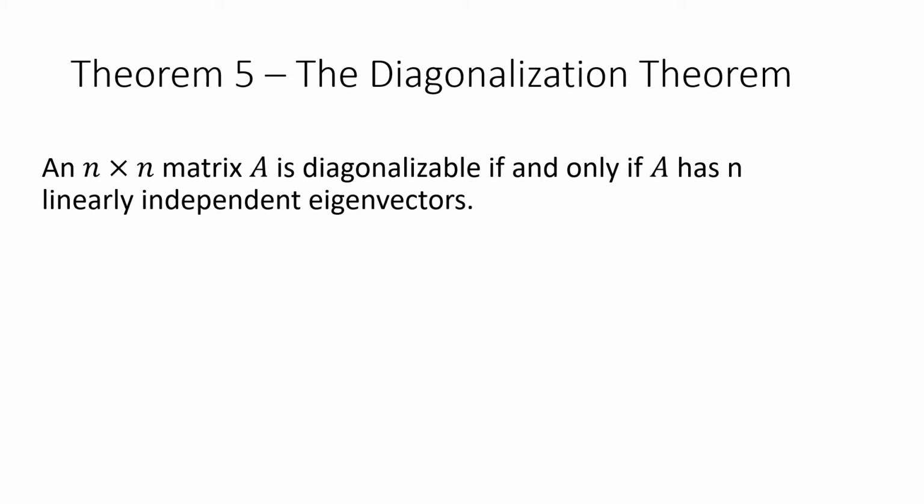So the question is, when is it diagonalizable? This theorem gives you the answer. It is diagonalizable if and only if the matrix has exactly n linearly independent eigenvectors.